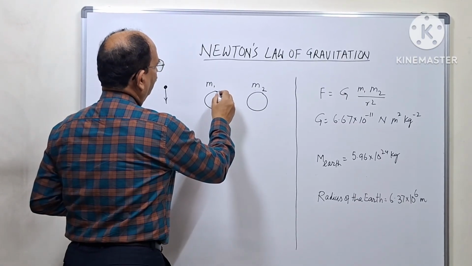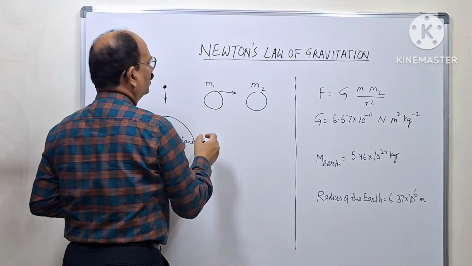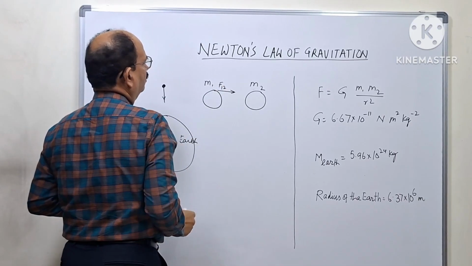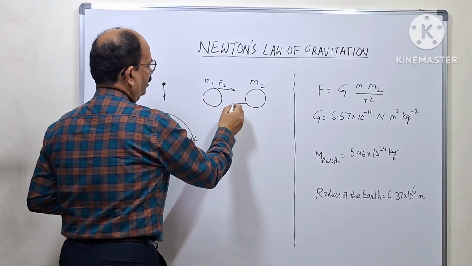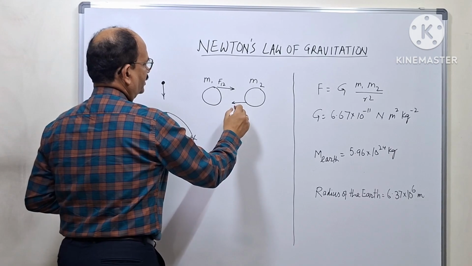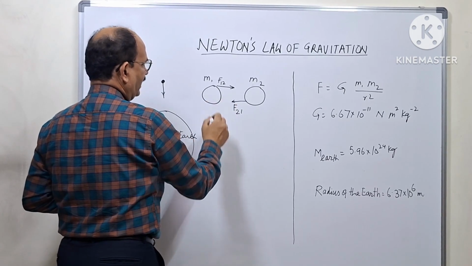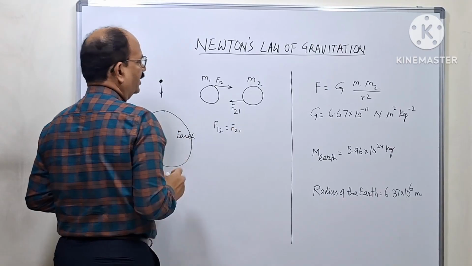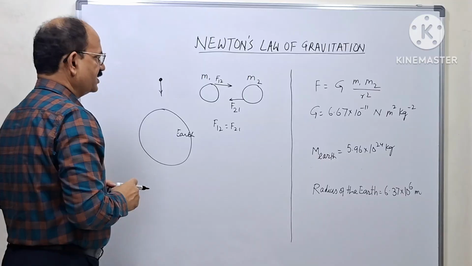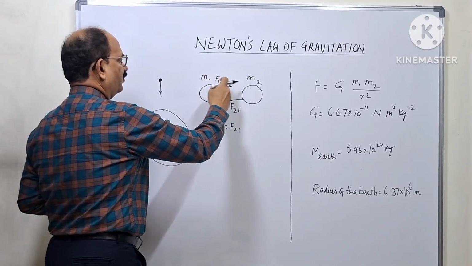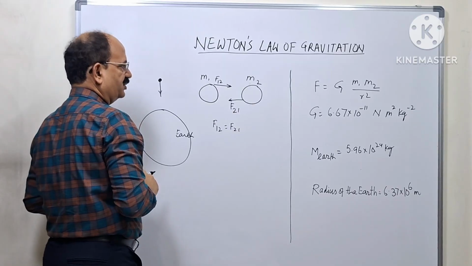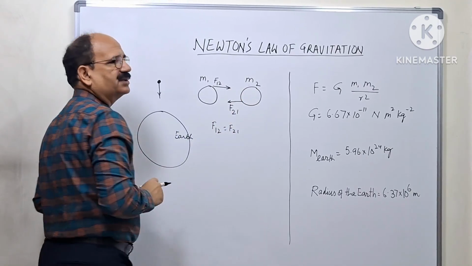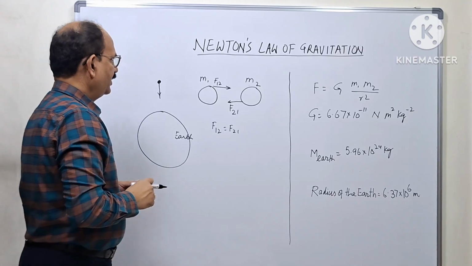So m1 will be attracted by m2 with say force F12, then m2 will also be attracted with force F21, where the magnitude of F12 will be equal to F21, but the direction is opposite, in the sense that m2 will attract m1 towards itself with force F12, whereas m1 will attract m2 with force F21 towards itself.